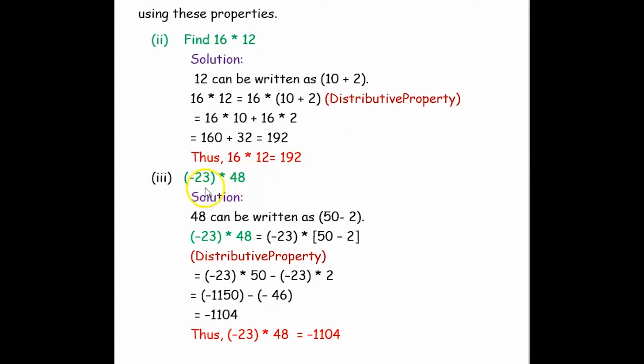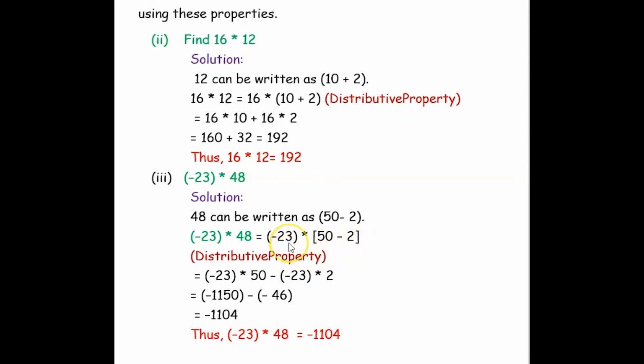Now we can write it in two ways. Either negative 23 can be written as negative 20 minus 3, or 48 can be written as 50 minus 2. Here we are taking 48. So 48 can be written as 50 minus 2, and we are substituting here. So negative 23 into, instead of 48, we write 50 minus 2.